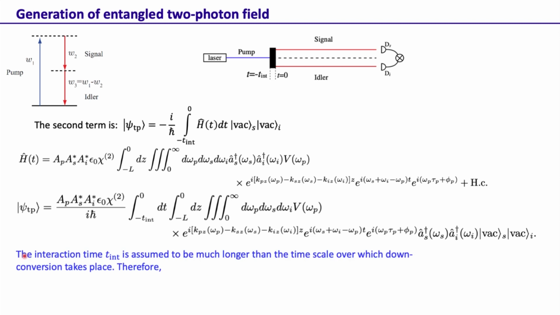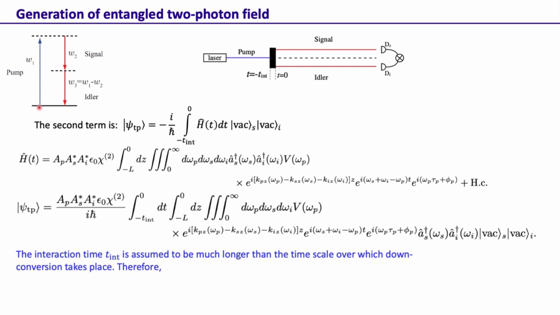Okay, now we'll assume that the interaction time T interaction is much longer compared to the time scale over which down conversion takes place. Of course this T interaction is basically the time it takes for light to travel through this crystal, and usually these crystals are a few millimeters thick. So this is not a very long time, but still we assume that the time scale over which the down conversion actually takes place is much shorter.